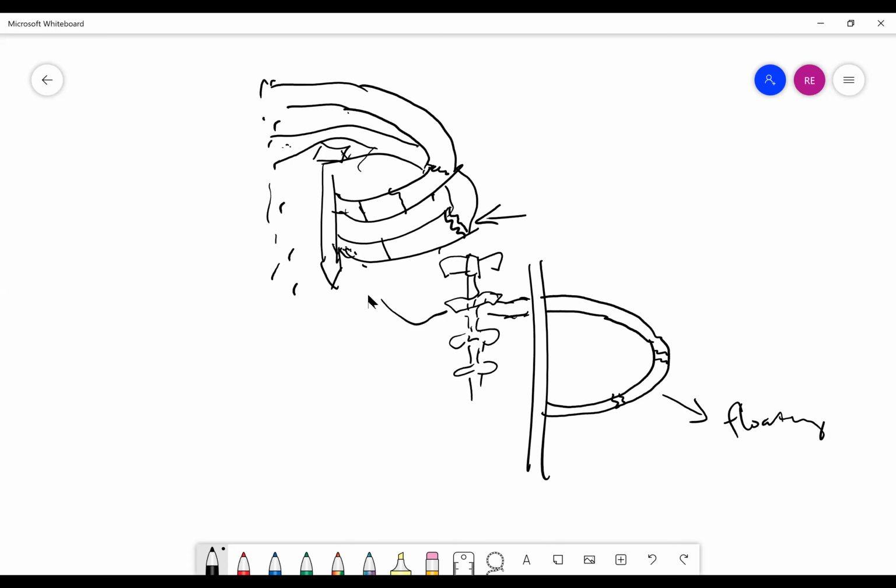This part here and the rest of this here are attached, this one anteriorly to the sternum, and this other end to the spine. However, nothing is holding this independent segment here. It will not fall off, of course, because you have connective tissue there.